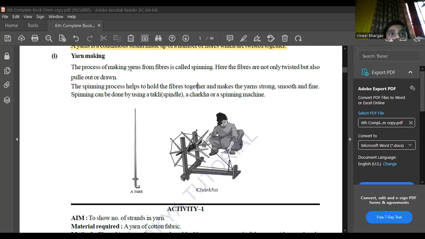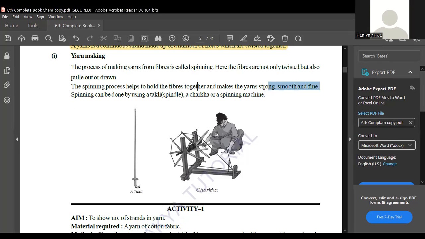Spinning can be done using a takli, that is a spindle, or the charkha, or the spinning machine.